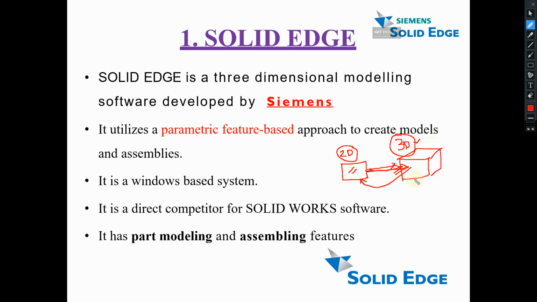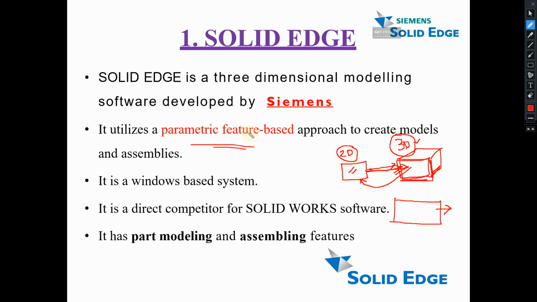Otherwise it is very difficult. Suppose we have to change the length or width of this rectangle on the three-dimensional geometry. Then if this feature was not there, again we have to create another rectangle of desired dimension, and again we have to create that geometry in three-dimensional geometry. That is very time consuming.